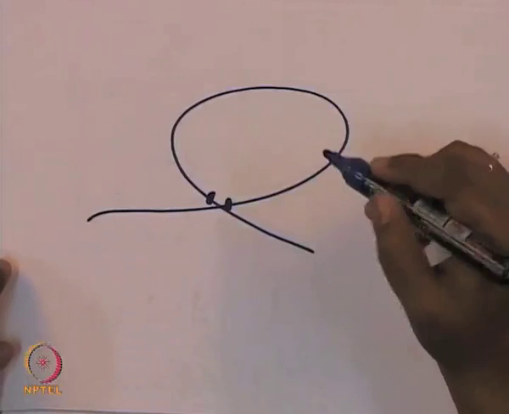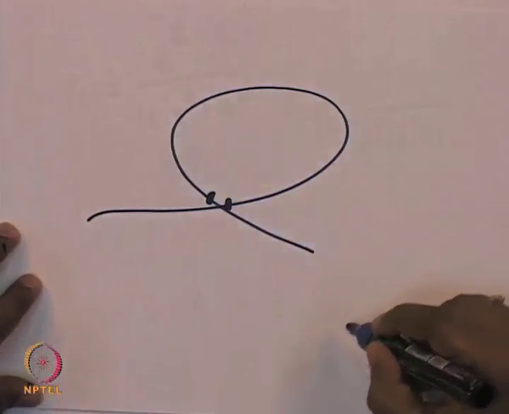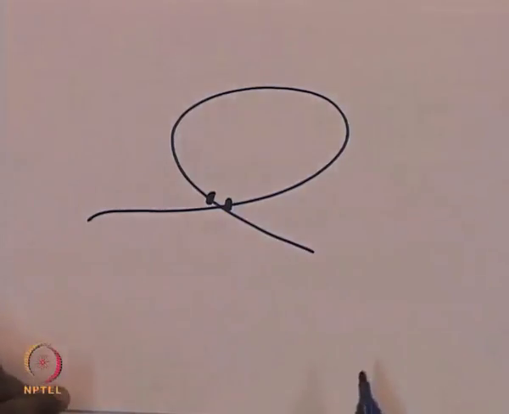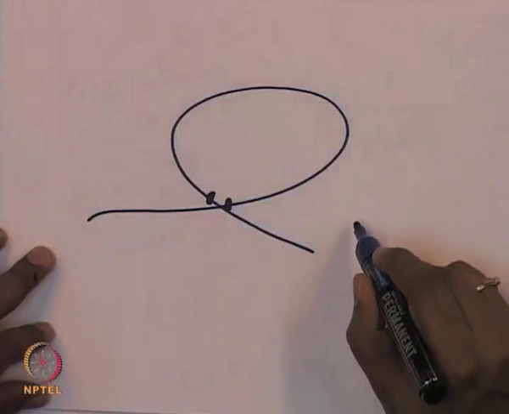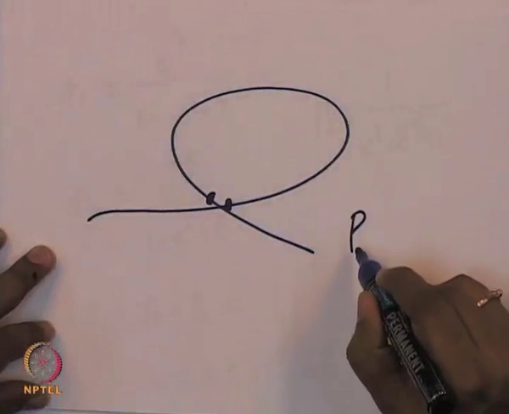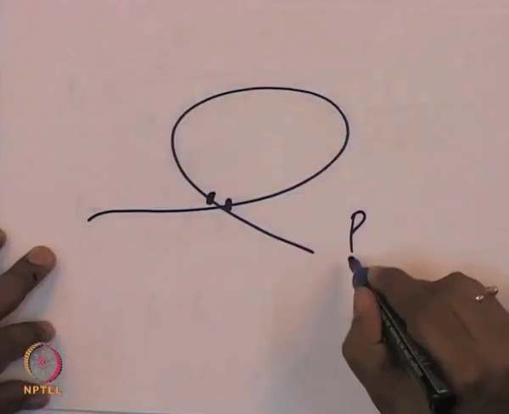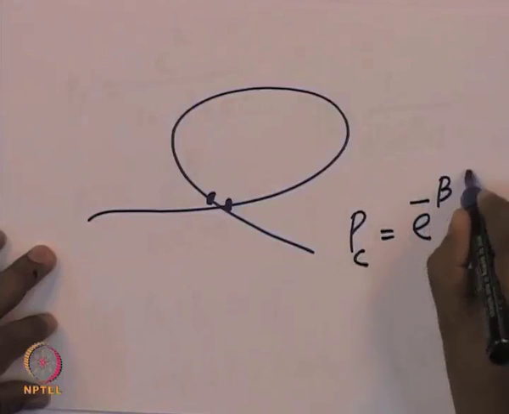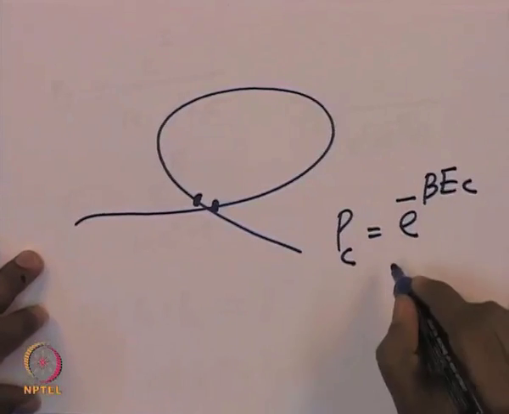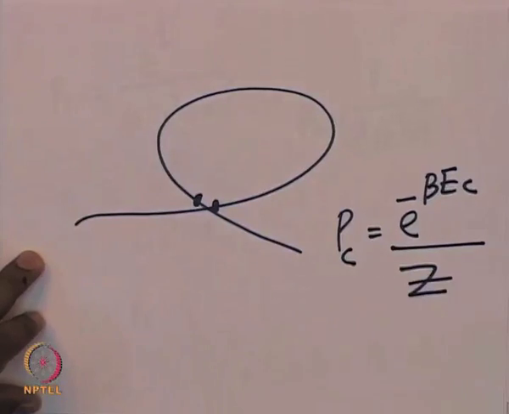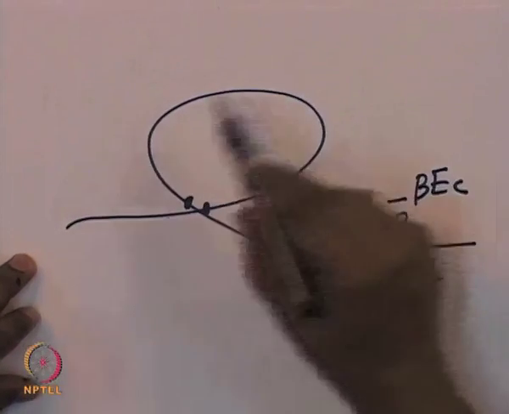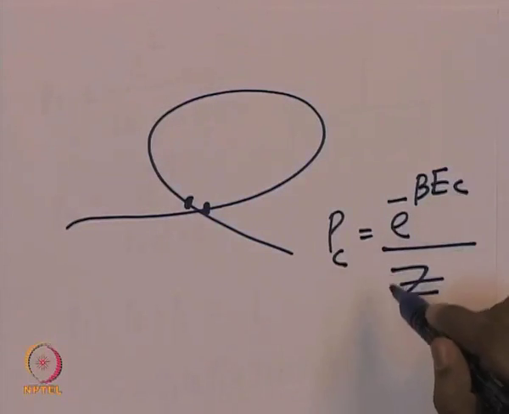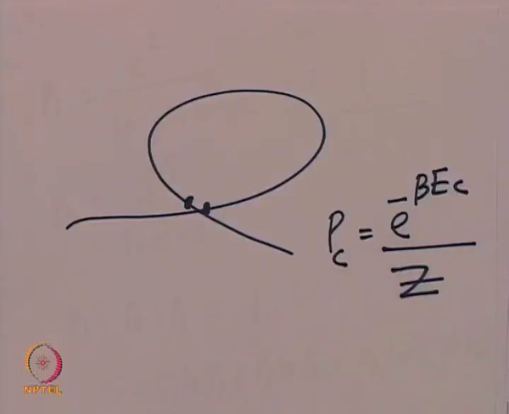So, you can ask the question, if you have a DNA of length L, what is the probability that two parts of the DNA will come together? And the probability to have this particular configuration C will be given by e power minus beta times the energy of that configuration divided by the partition function.